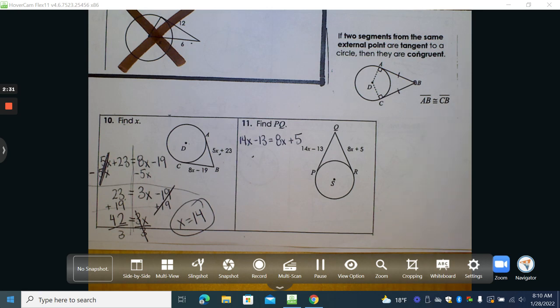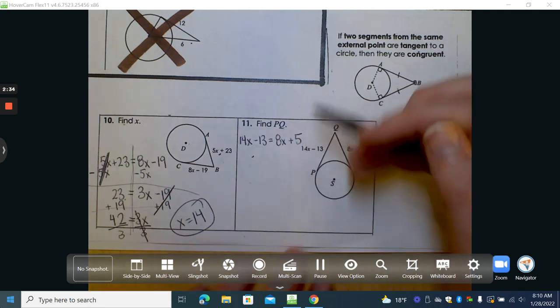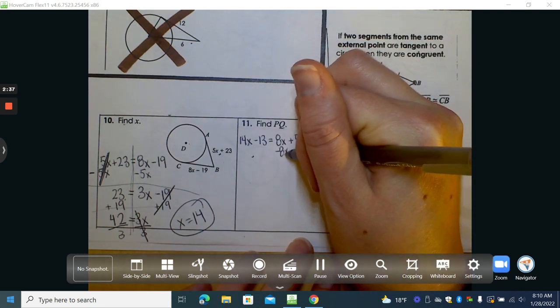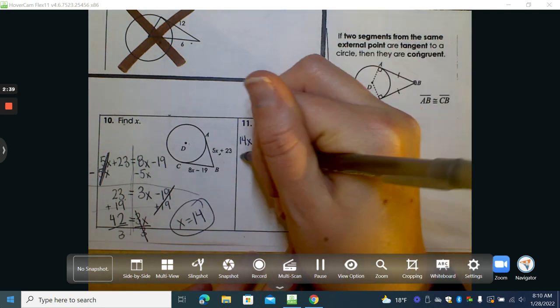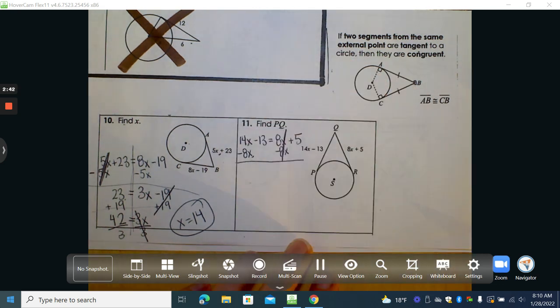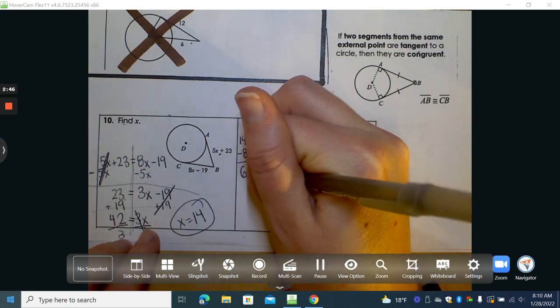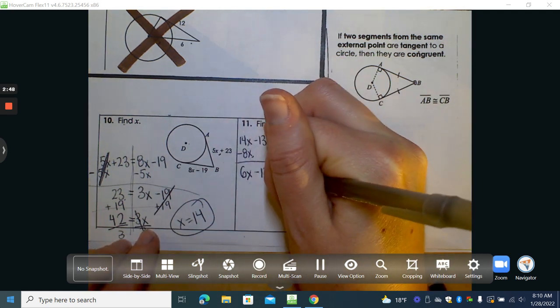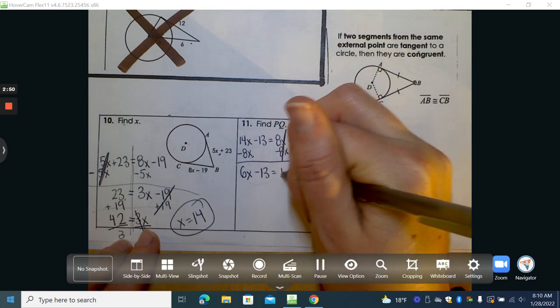And I'm going to move all my x's to the same side. I like moving the smaller x, so I'm going to subtract this 8x away from the right side and subtract it over to the left side. So 14x minus 8x, I'll get 6x, and I bring down that minus 13 and the 5.